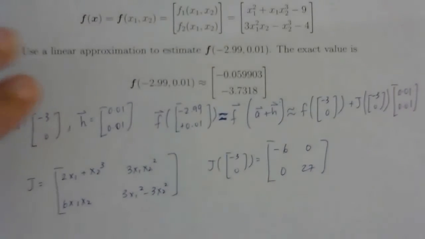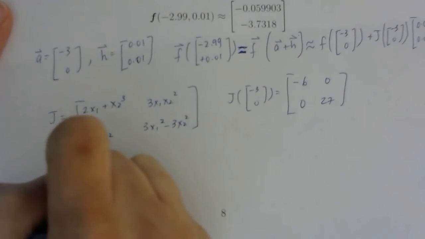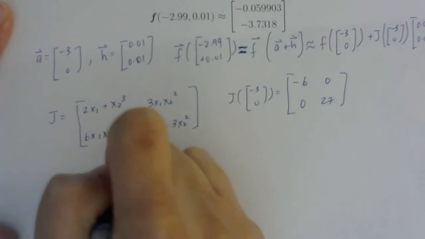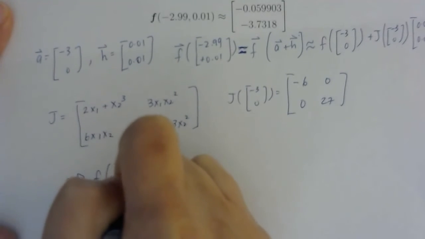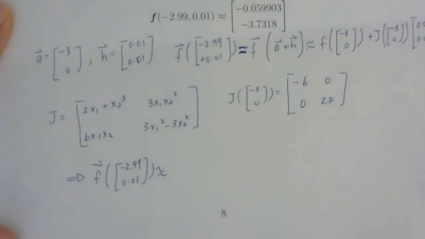So let's multiply all this out. So f at the point we're looking at, approximately, so f at minus 3, 0.